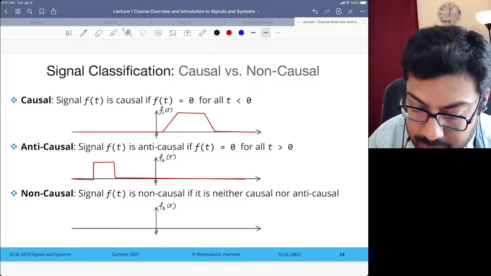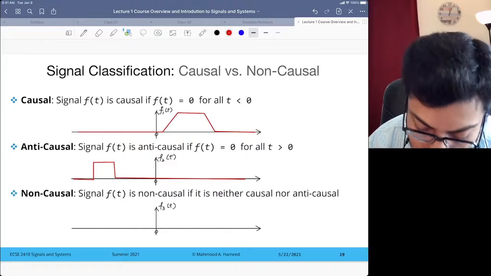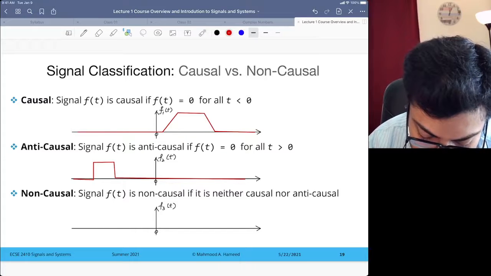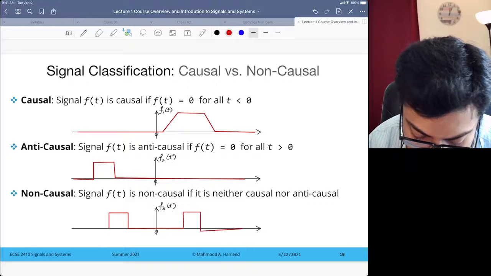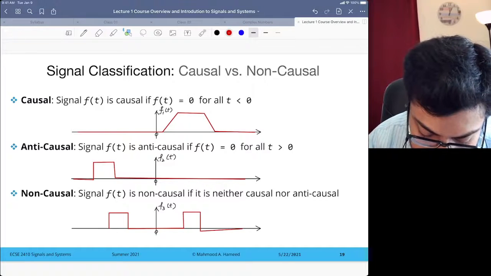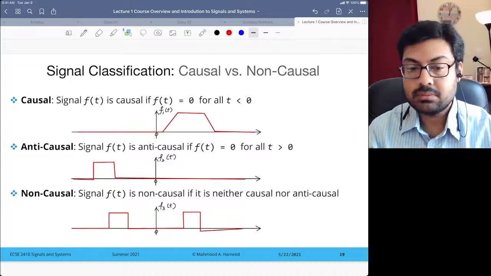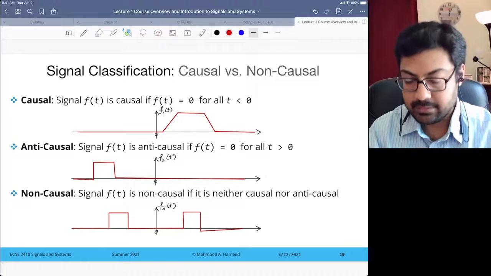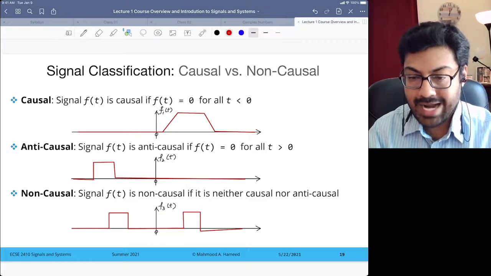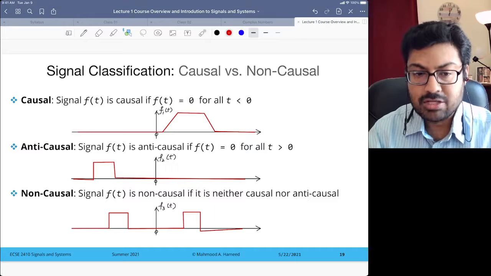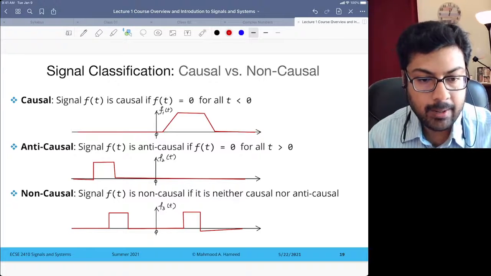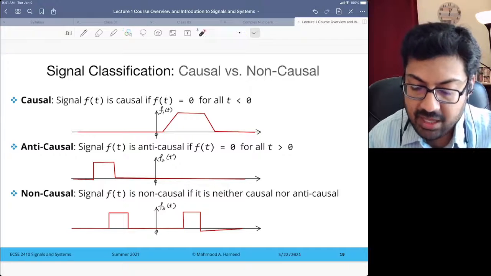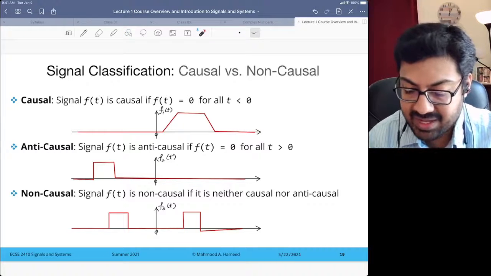So it's going to be something like this. Say you have this and you have this. That's going to be your non-causal signal. So causal, anti-causal, non-causal, right? I've just picked some arbitrary shapes for my signals, just to show that these are some examples that satisfy these criteria.